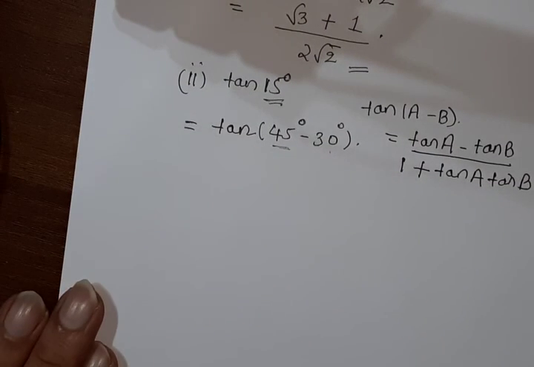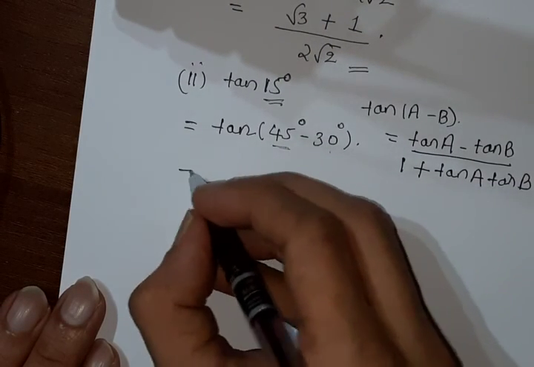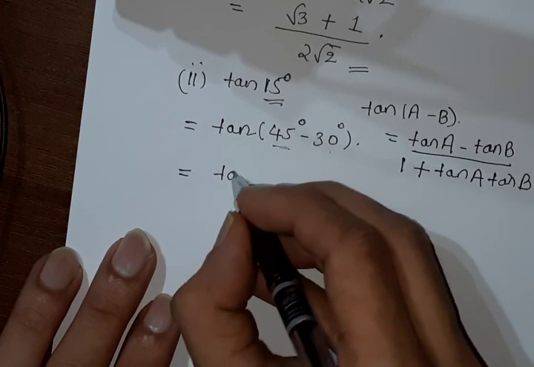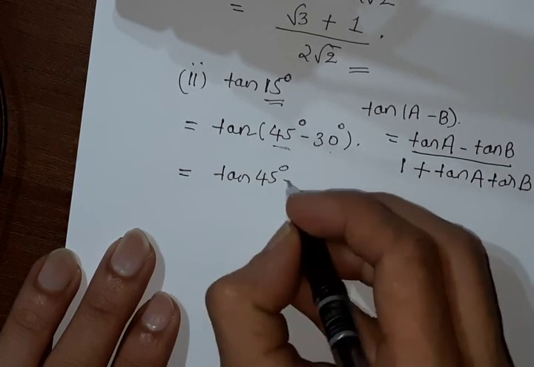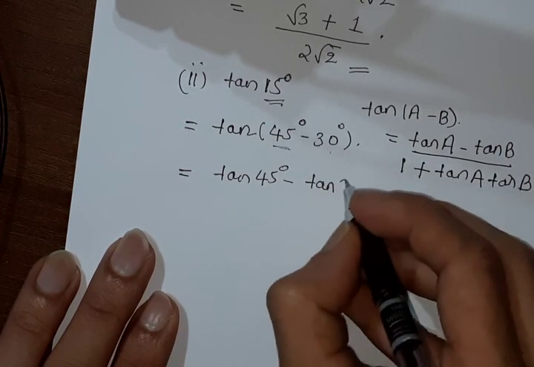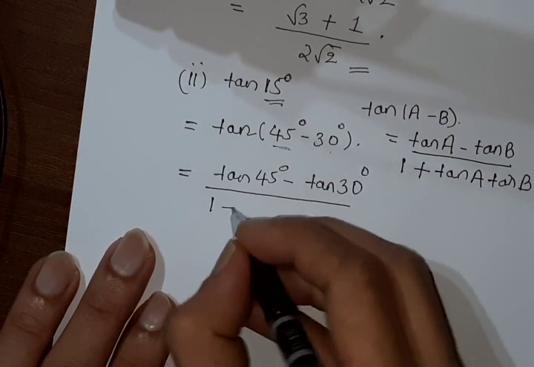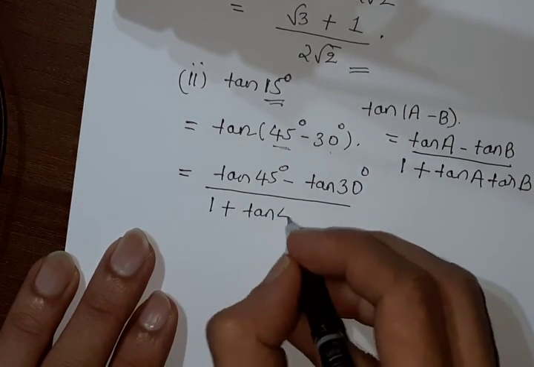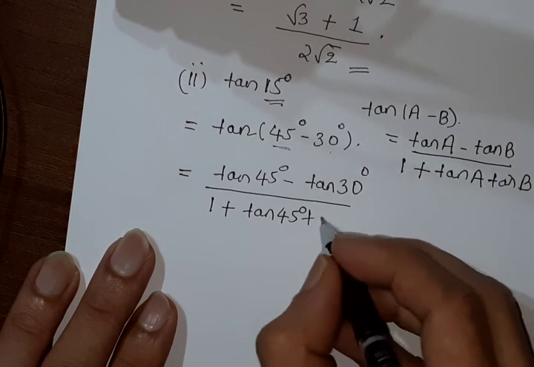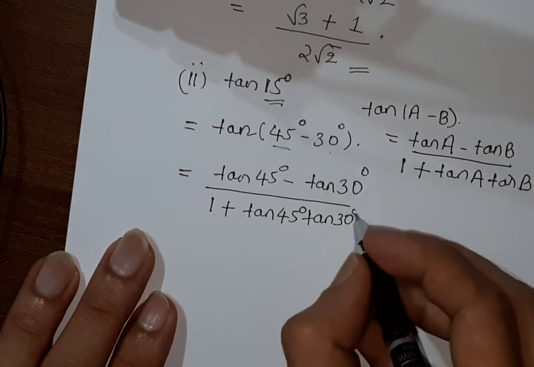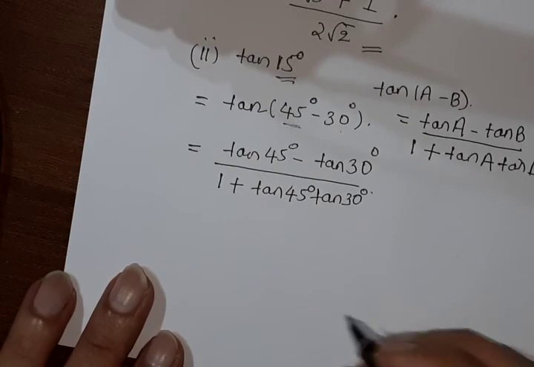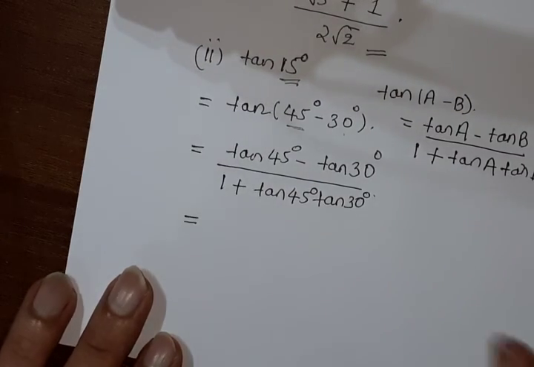This is the formula. Now what you will get then? So tan of 45 degrees minus tan of 30 degrees, divided by 1 plus tan 45 multiplied by tan 30. Now which is equal to what?